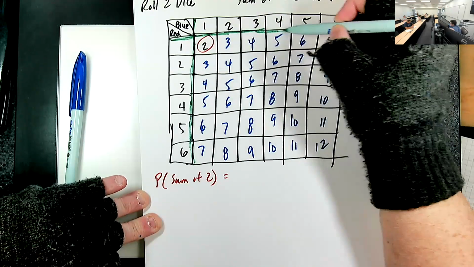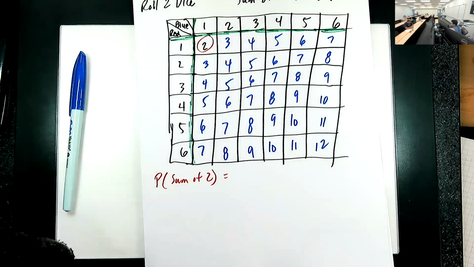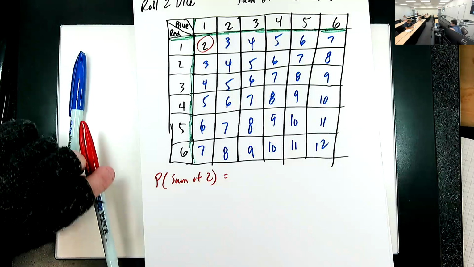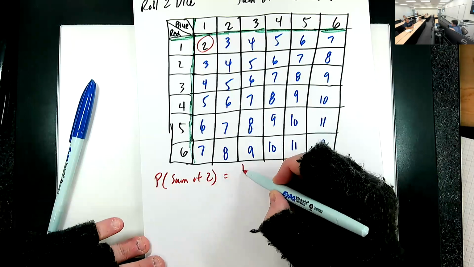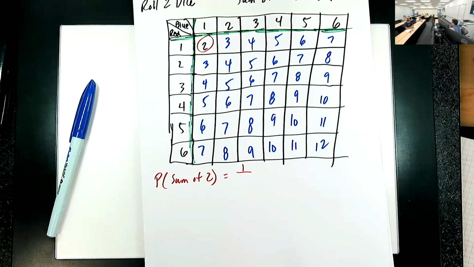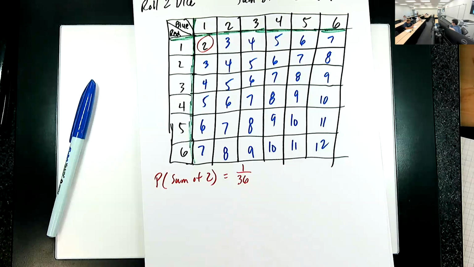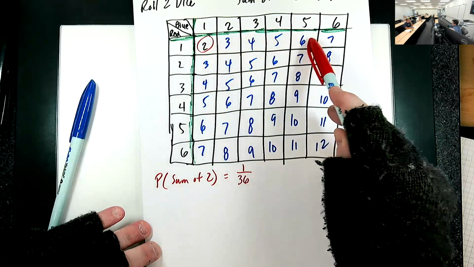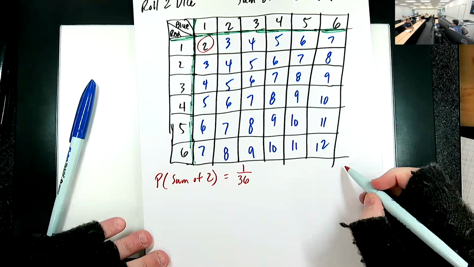Just everything else in there. There's only one outcome that has a sum of 2. And if you count them up, there are 36 outcomes. One, two, three, four, five, 6, and I've got 6 rows, so 6 times 6 is 36.